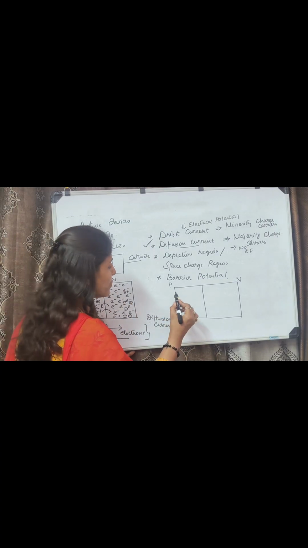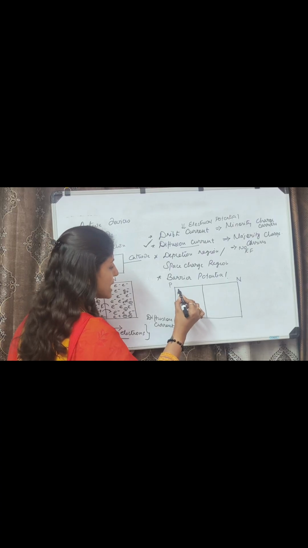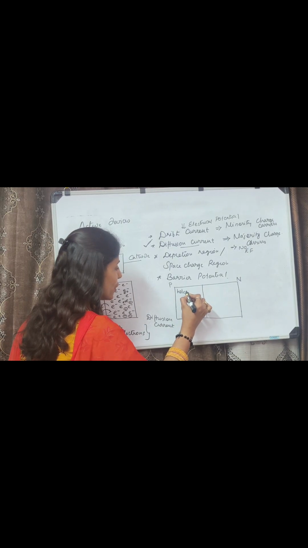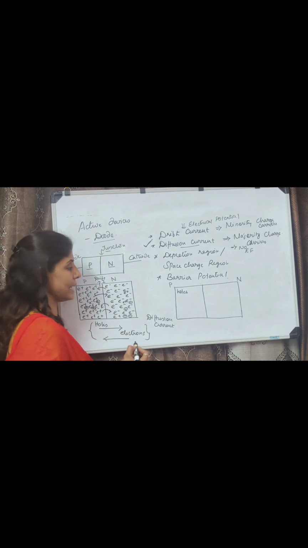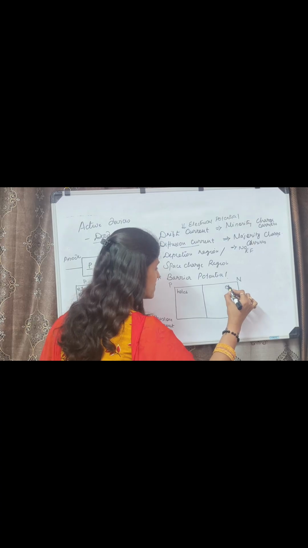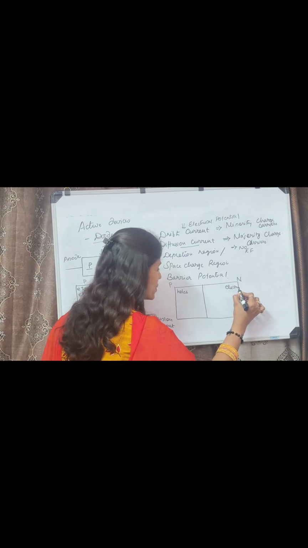So what is happening? The holes available in the P region want to move to the N region, where electrons are available.